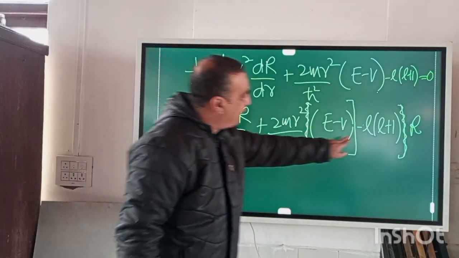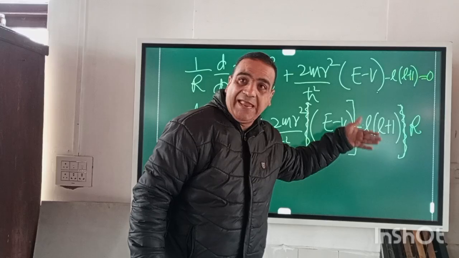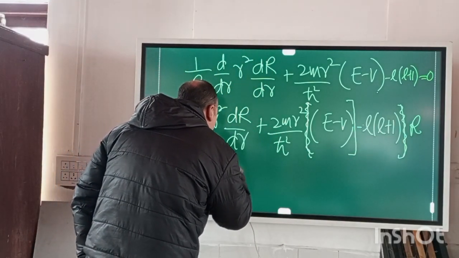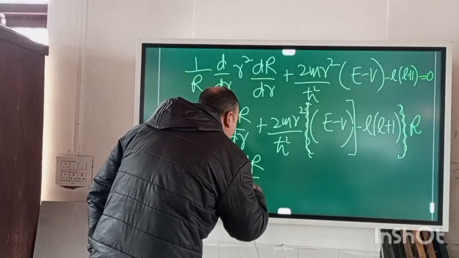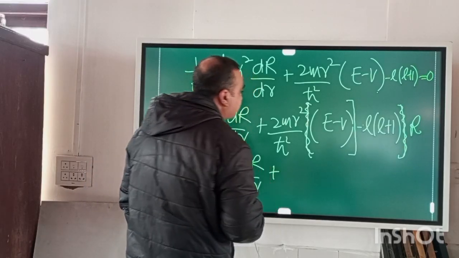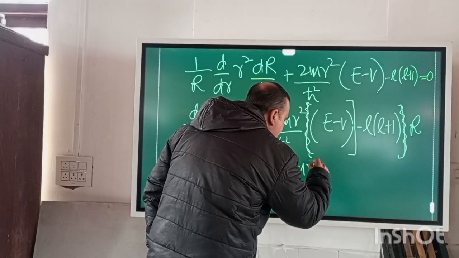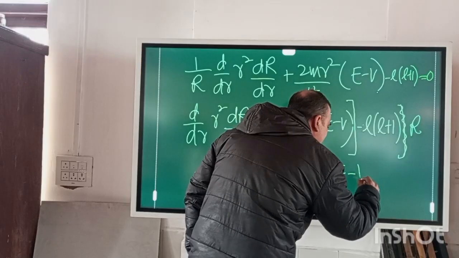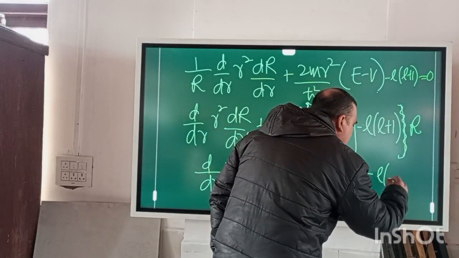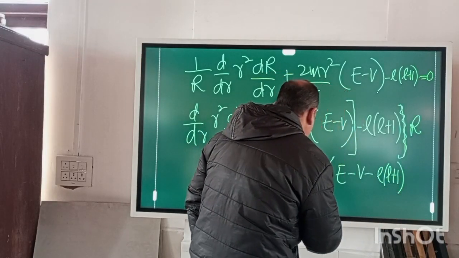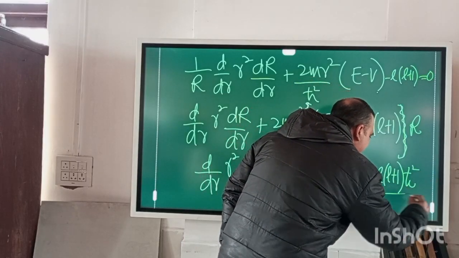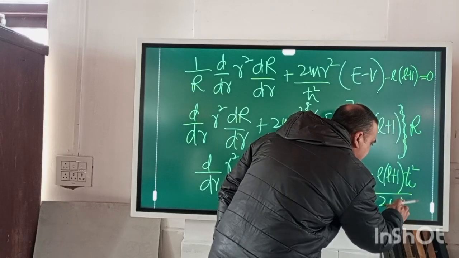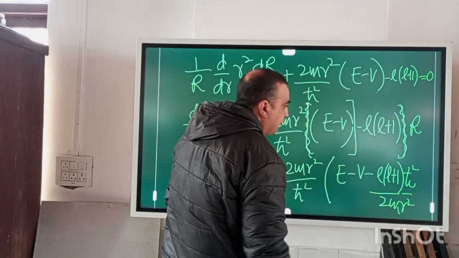All right. Now let us bring L into L plus 1 into the actual bracket. How will we do that? This is d by dr of r square dR by dr, plus 2m r square by h bar square times E minus V minus L into L plus 1, where h bar square will be multiplied and divided by 2m r square, and close the bracket.